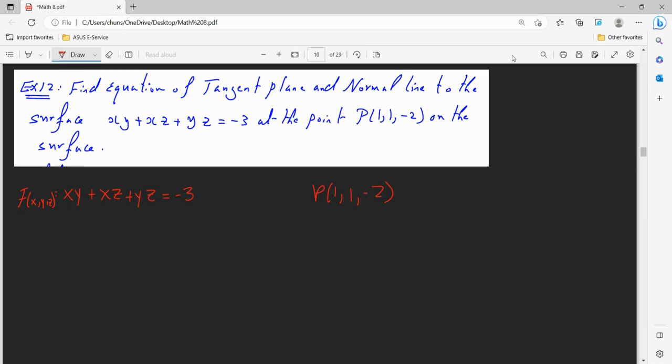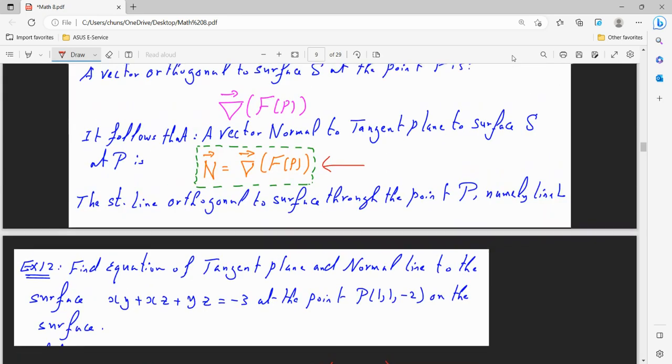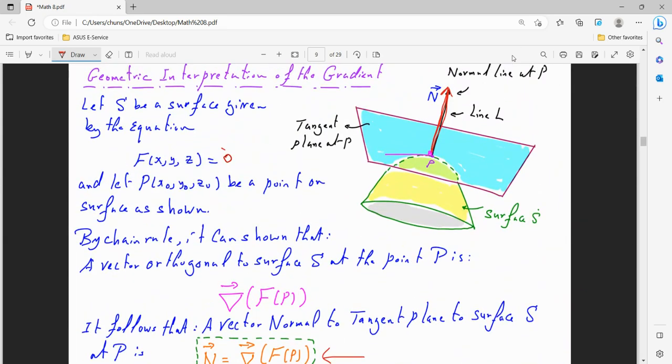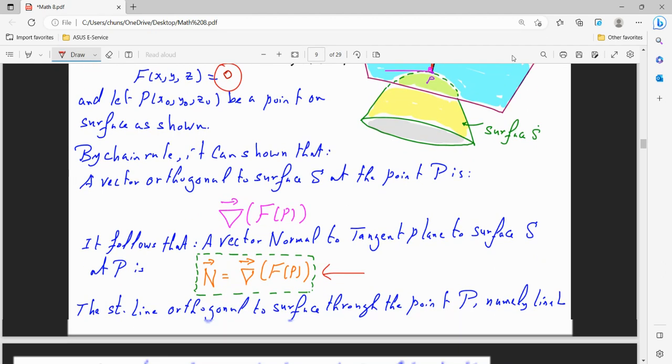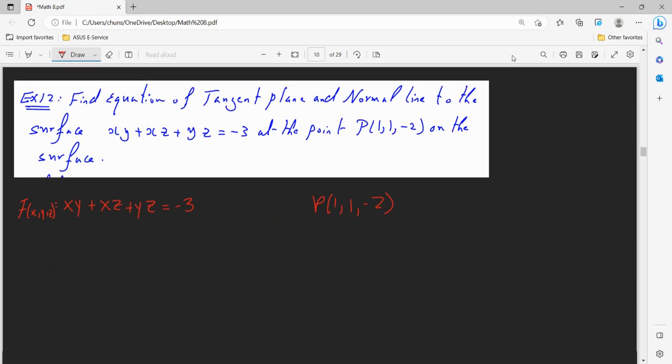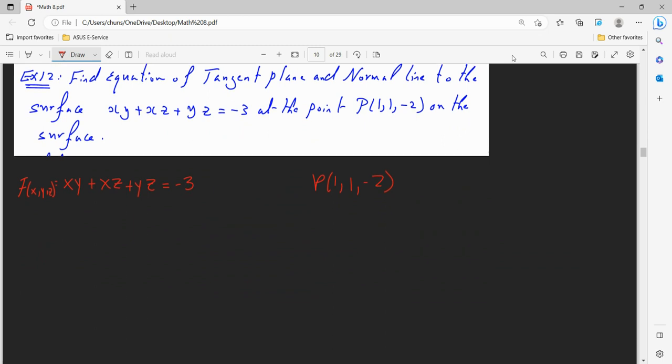So to start off, we know that this function, this surface, must equal 0 in order for us to use this rule that our normal vector is equal to our gradient. So we just have to move things around. So that means we can just move this 3 over, so it is equal to 0. And this is plus 3 now.